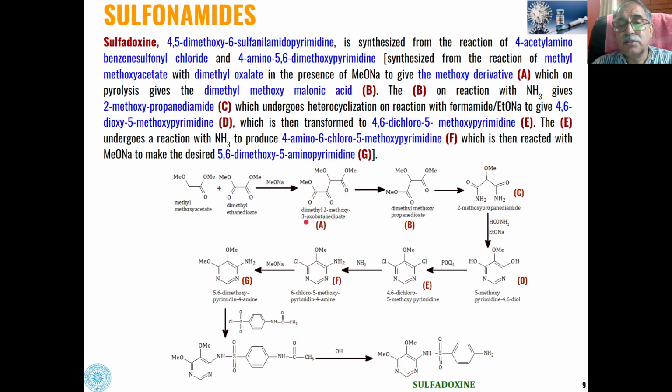Dimethyl 2-methoxy-3-oxobutanedioate will be formed, and then this compound undergoes reaction with ammonia to give us this type of 2-methoxypropanediamide derivative.